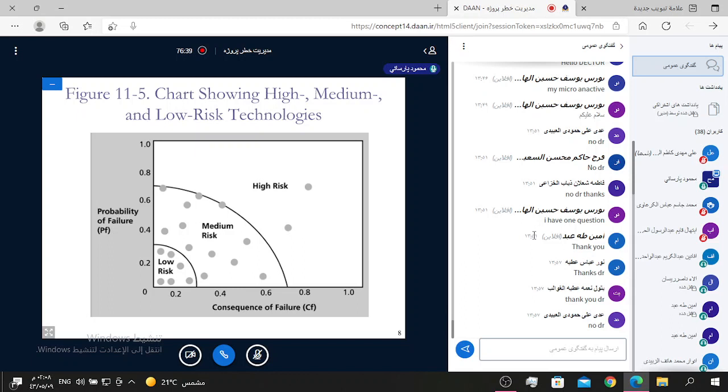In this chart, the horizontal axis is consequence of failure, CF, by numbers 0 to 1, and the vertical axis is about probability of failure, PF.